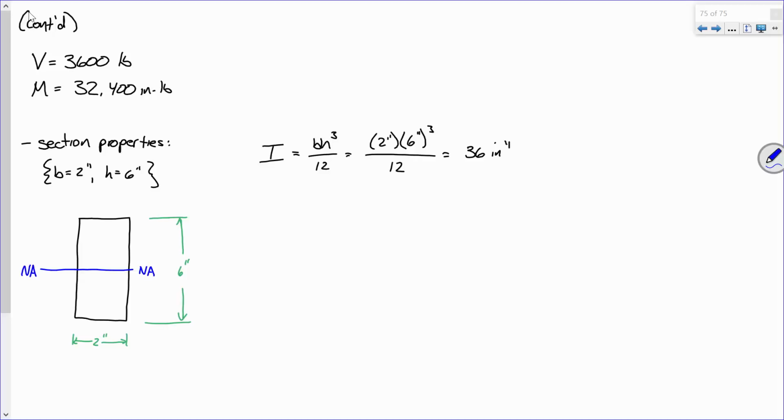Somewhere about like that? Where this distance is what, 3 inches? Why does that matter? Well, what did the problem ask for? 2 inches from the top. So the stresses that we want are right here. That's where we're looking.